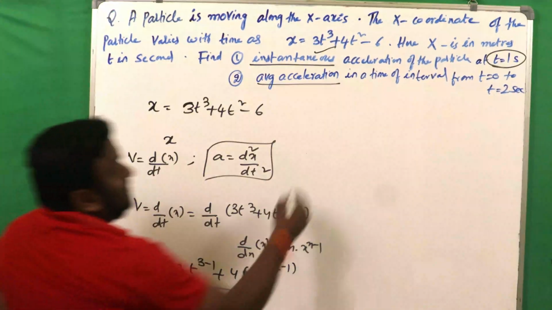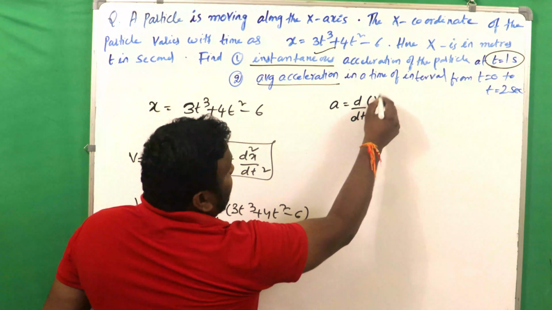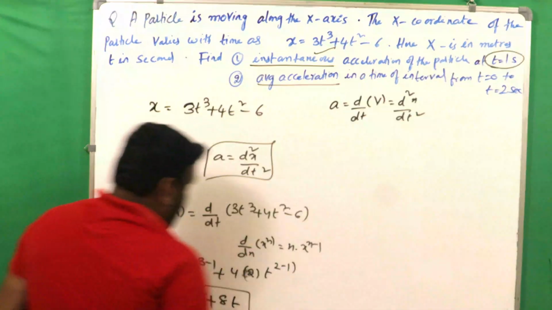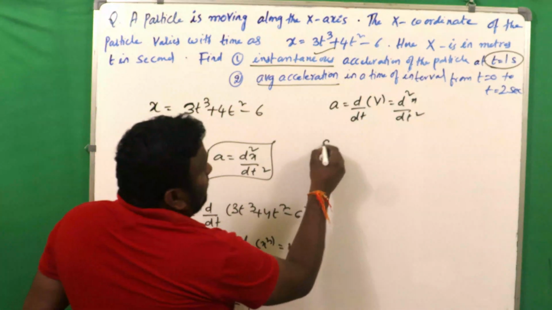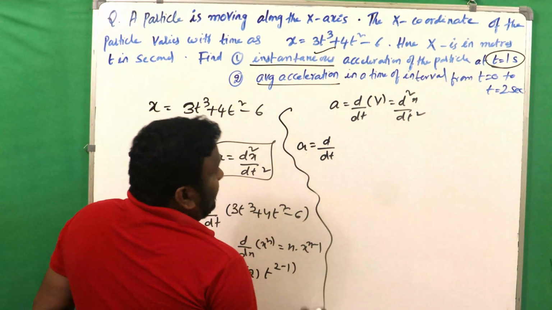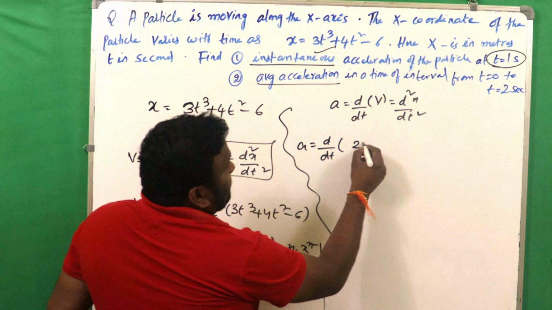Then a is equal to dv/dt, that is d²x/dt². That's why here I am going to write d/dt of v. What is v here?